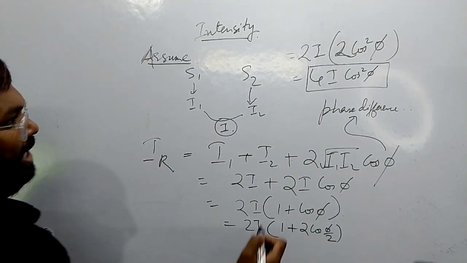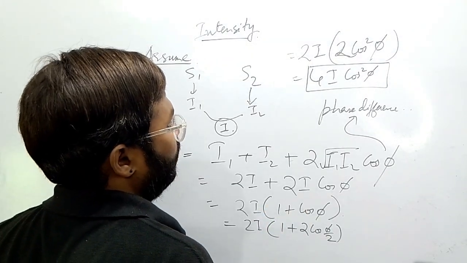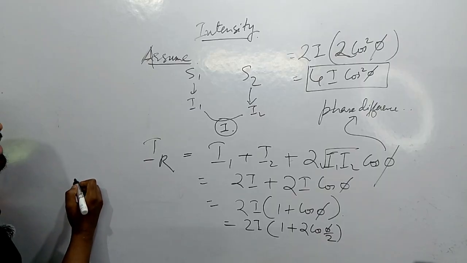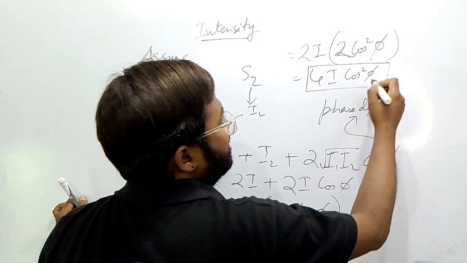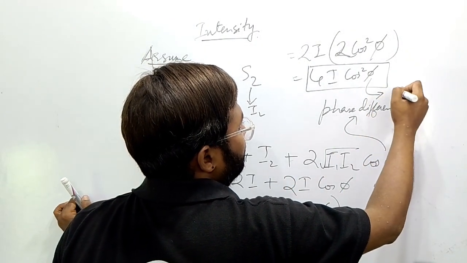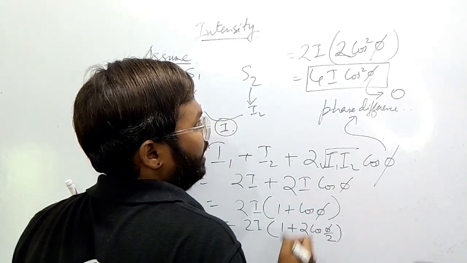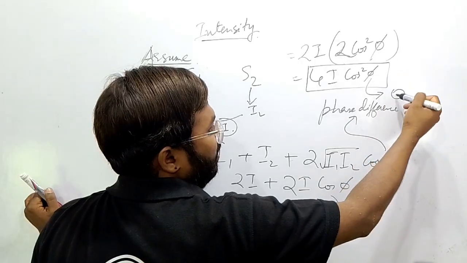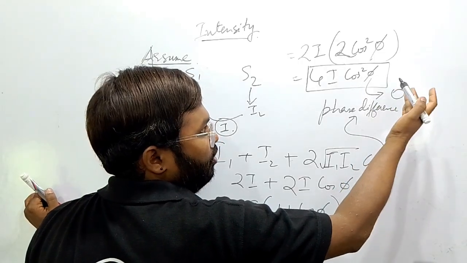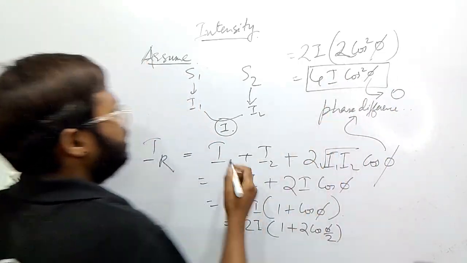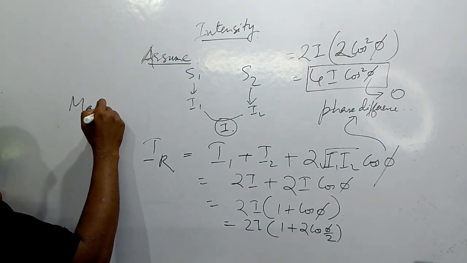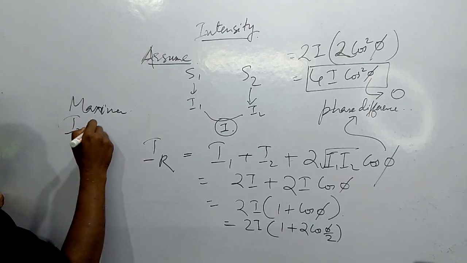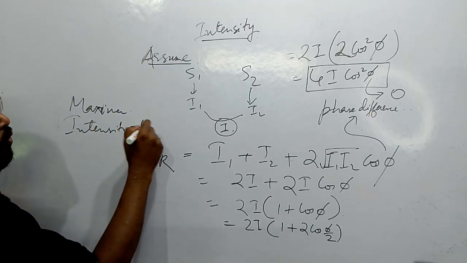Now, for maxima and for minima, what will happen? Look, for maxima, you can consider the phase difference as 0. If phase difference is 0, then cos phi will become cos 0. Cos 0 is 1. So you'll have 4I. So for maxima, that is for the bright fringe, you'll have intensity 4I.